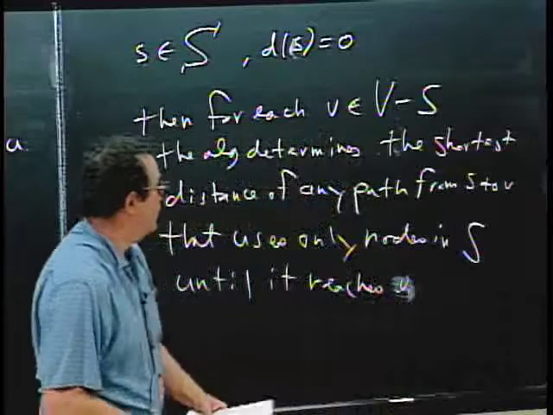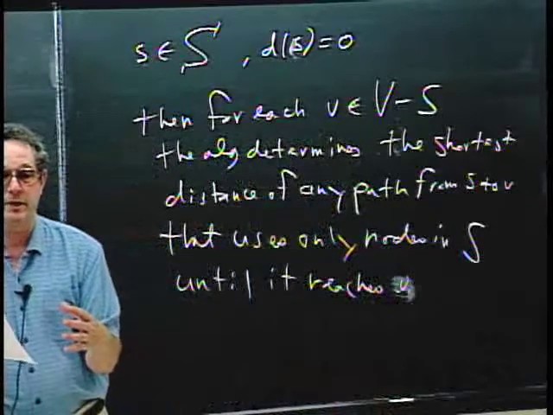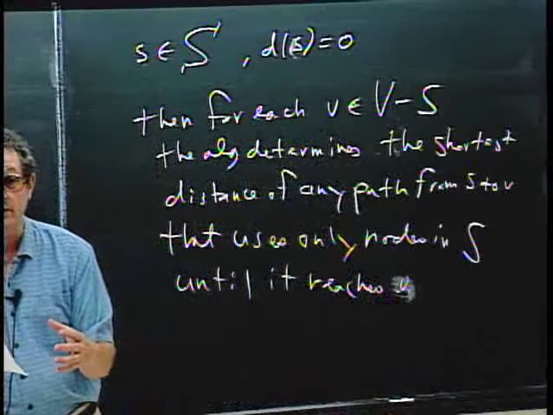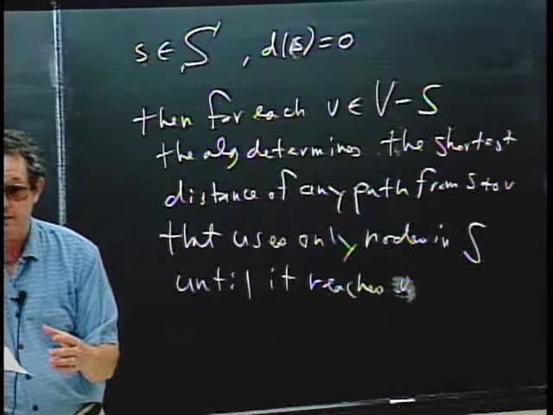Okay? So capital S, again, is the set of nodes where the algorithm thinks it has already correctly computed the shortest path distances.